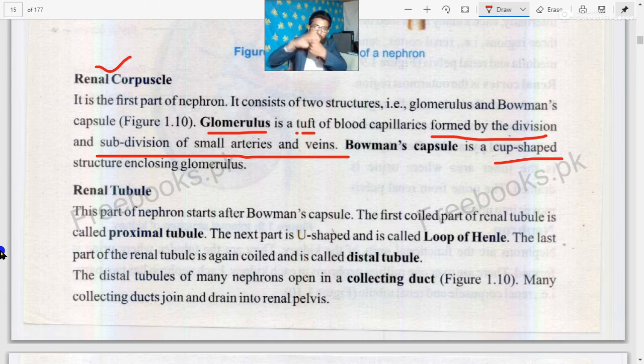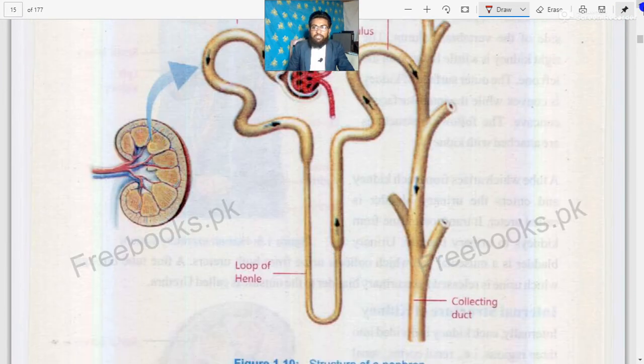It covers something within it, as a tuft of capillaries. So this cup-shaped structure is known as Bowman's capsule, and it encloses, meaning covers up, the glomerulus.